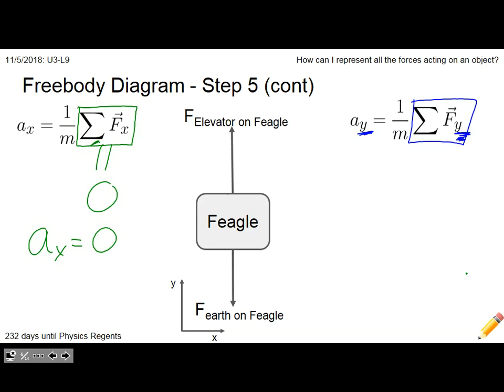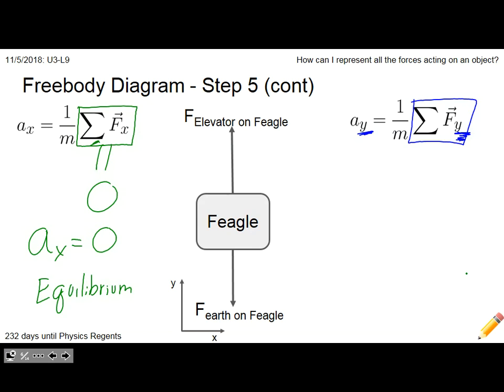The object is in equilibrium. In which direction? In the x direction. So we can say in the x direction the acceleration is 0. Why? Because the force is 0. And another way to communicate that is we're in equilibrium.